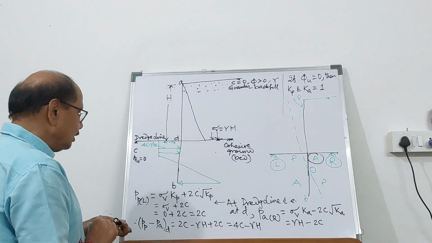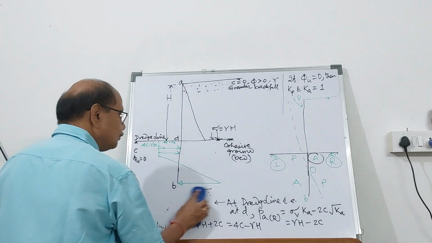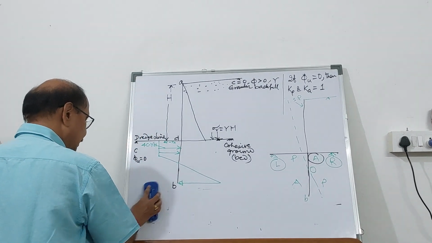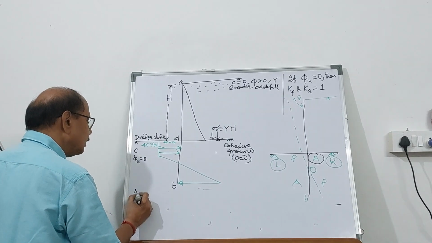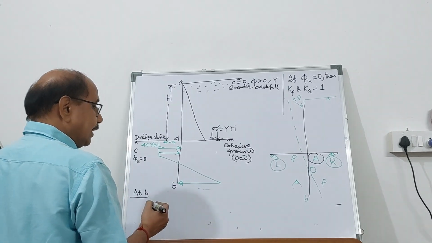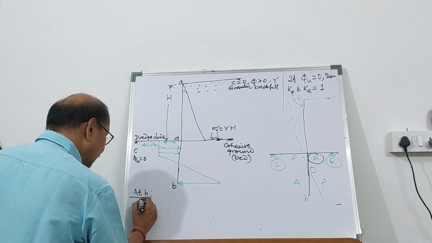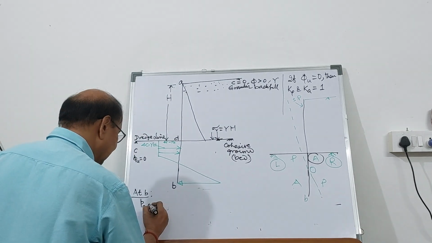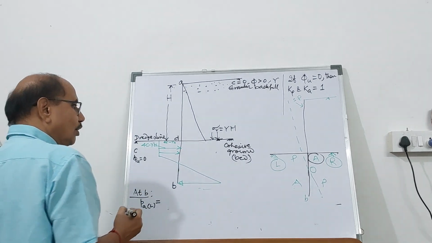So let's calculate at B. So at the bottommost point at B, what will be the active pressure on the left hand side? That you can calculate. So PA, which is going to be on the left hand side, you can calculate it. What is the equation?